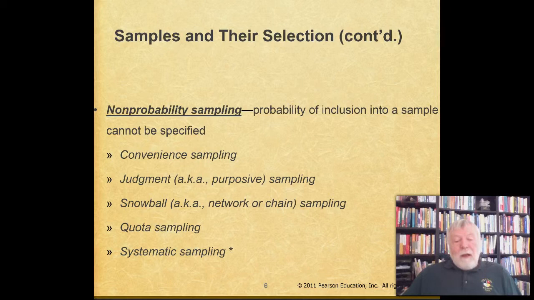Quota sampling is used whenever we want to conduct research about a particular group in an educational setting. Let's say that we want to conduct a study about the educational background of different ethnic groups of parents who are at a school.